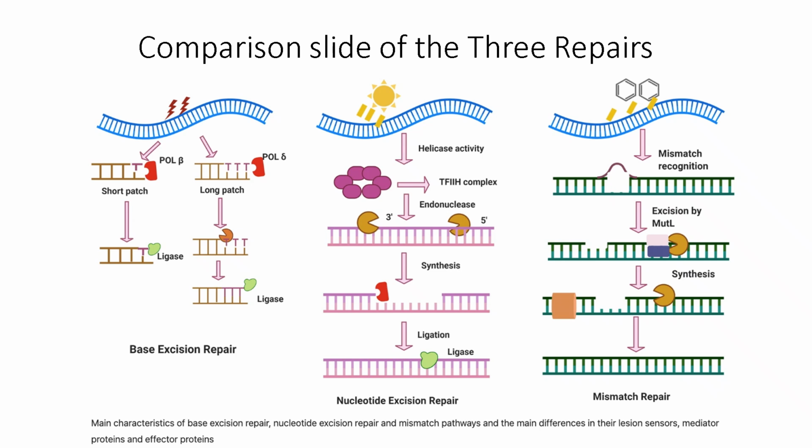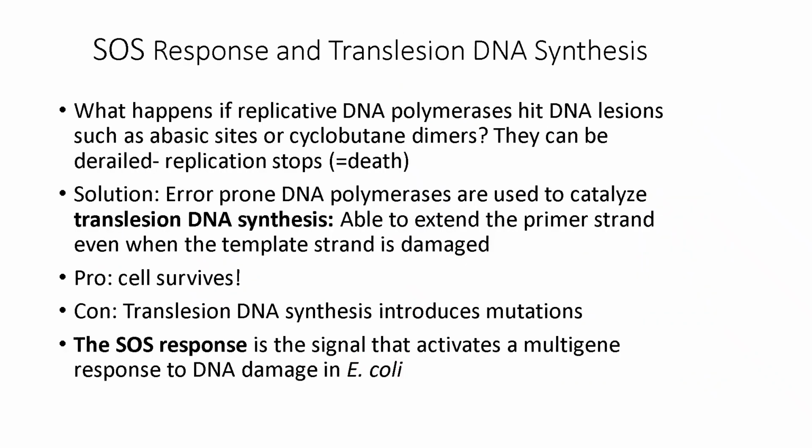Mismatch repair fixes replication errors that escape proofreading. While each pathway has its own mechanism and specialized proteins, all three are essential for maintaining genetic fidelity and preventing disease.